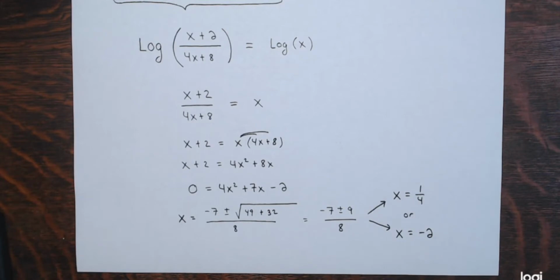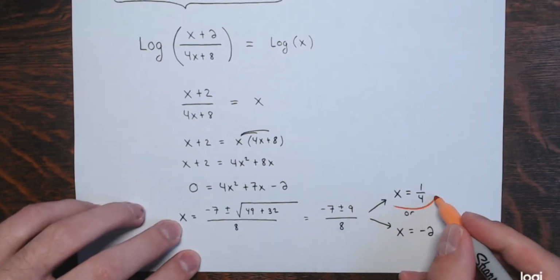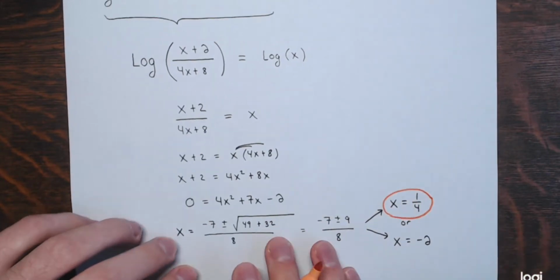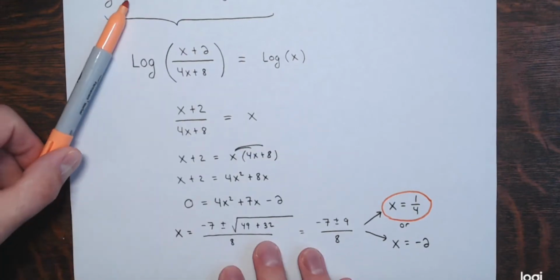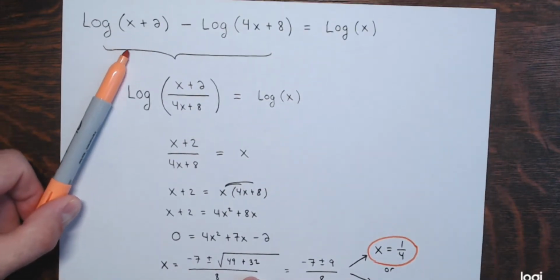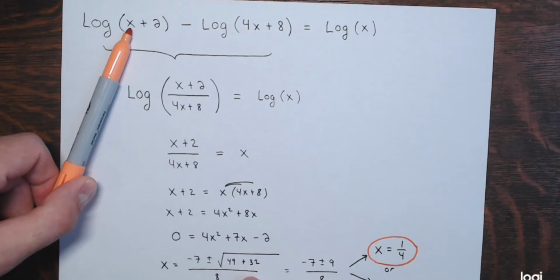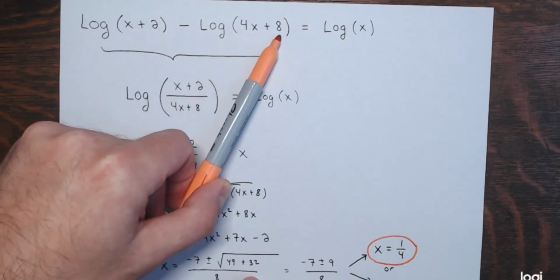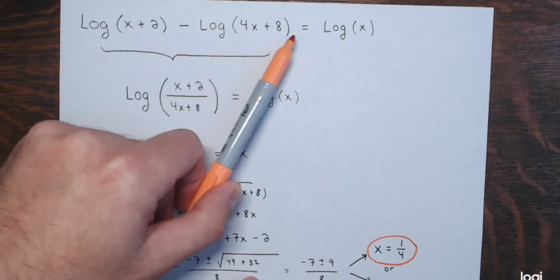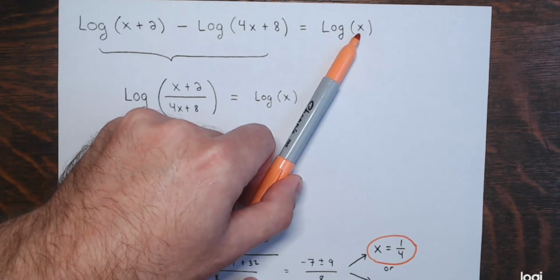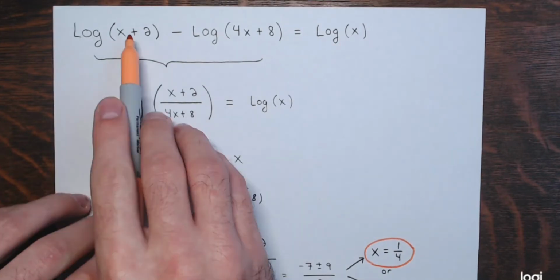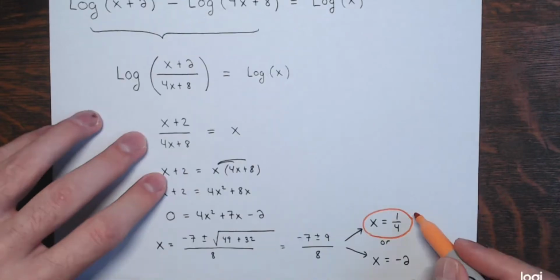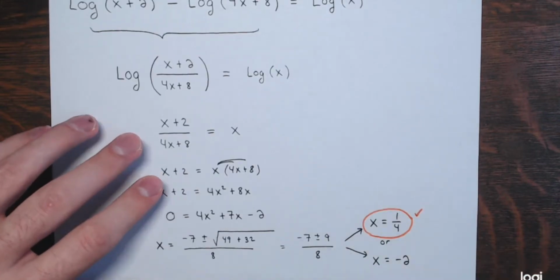And when you check these, 1/4 is fine. Right, if you plug in 1/4, you'd have 2 and 1/4, 2 and 1/4 inside this log, that's a positive number. You'd have 9 inside this one, that's a positive number. You'd have 1/4 inside that log, that's a positive number. As long as all the numbers inside the logarithms end up being positive, and you know you did everything right, that should be good.